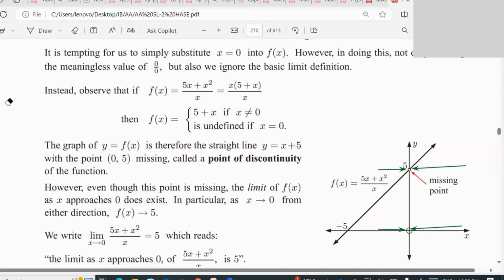So if you move just after x equals 0, you'll reach 5. Of course, yes. If you move just before x equals 0, you reach 5. So that's the perfect answer to this. The function will achieve 5 the moment you try to reach x equals 0.